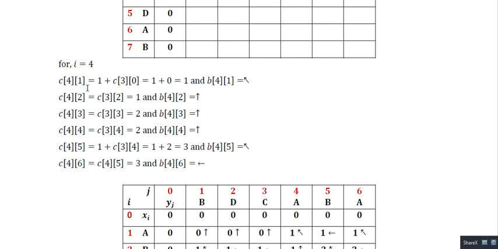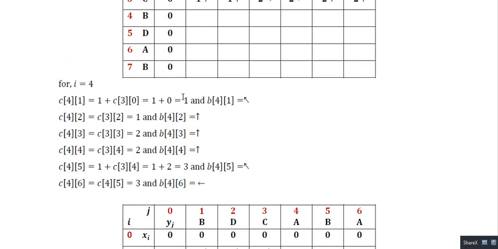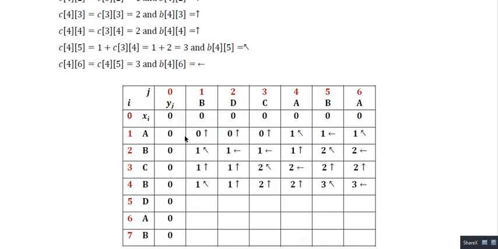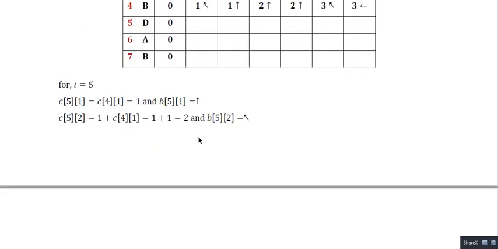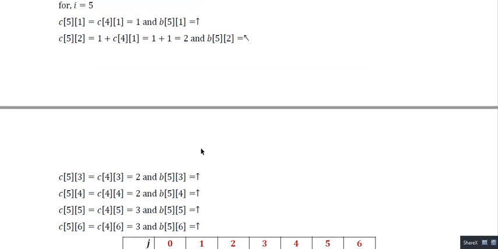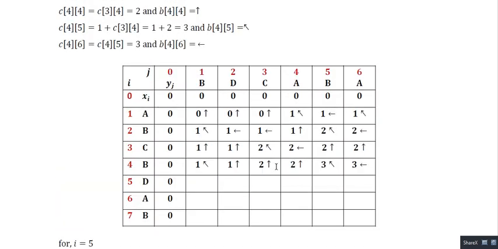So today you try to solve this on your own, how to fill all these entries. In my next class I'll show you how to actually find that pattern, the LCS pattern.